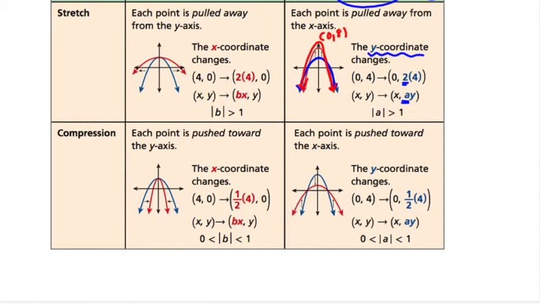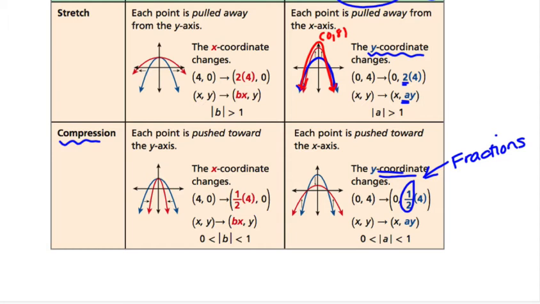All right, coming down to compression. This bottom box here. Again, you're changing your y coordinate. When you have a compression on the y-axis, these are always going to be little fractions or decimals. Most of the time it's a fraction, some number between a little greater than 0 and less than 1.